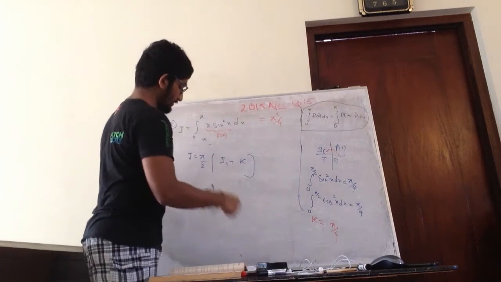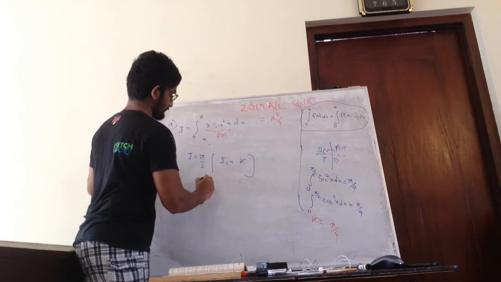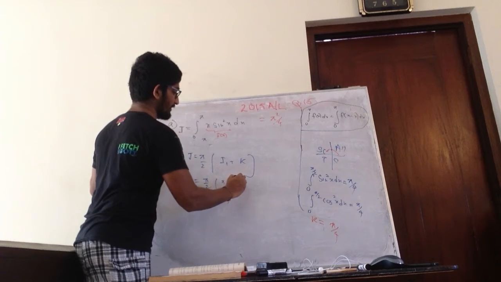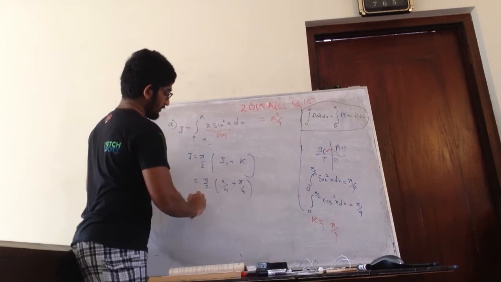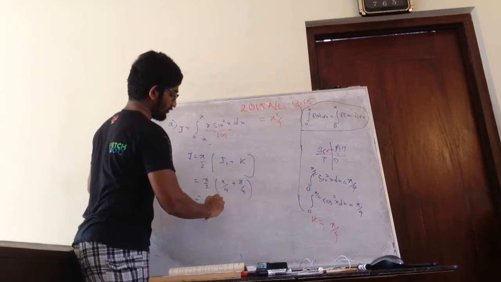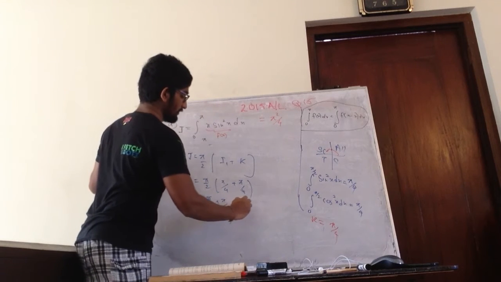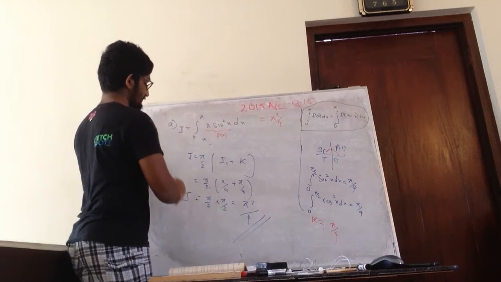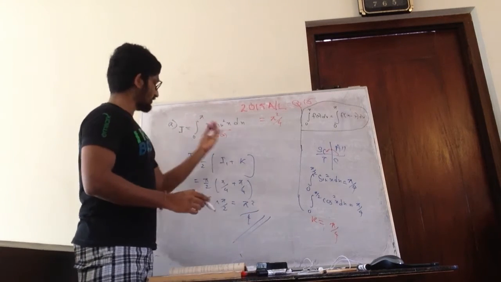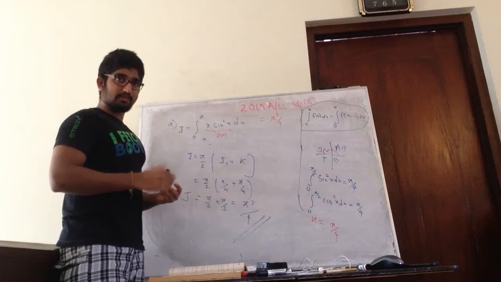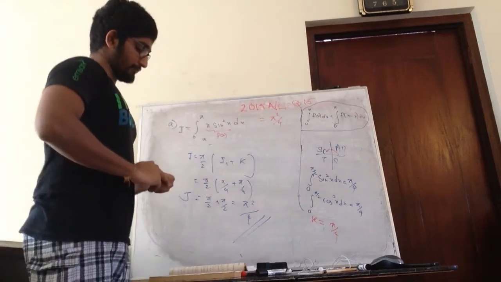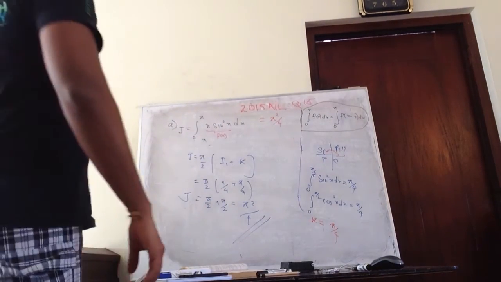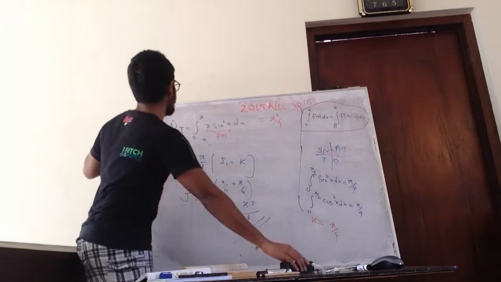So this is 5 over 4 plus 5 over 4, that means 5 over 2 into 5 over 2, that is 5 squared over 4. So J is that thing here. This is what they asked me. Right. So part B.